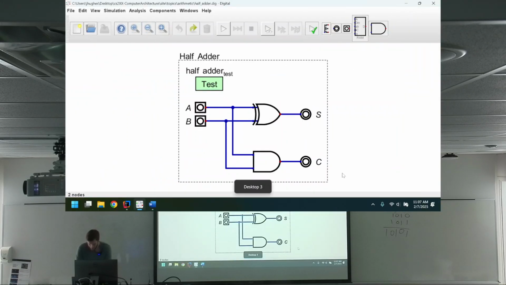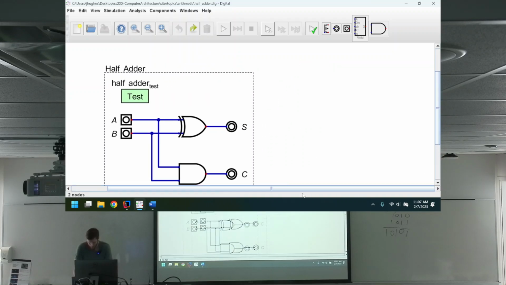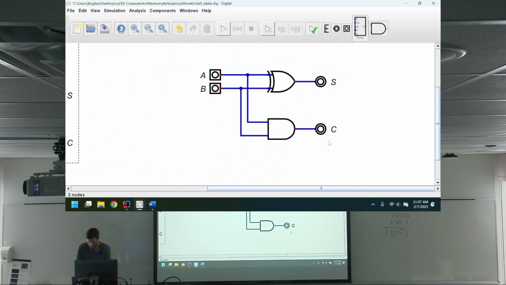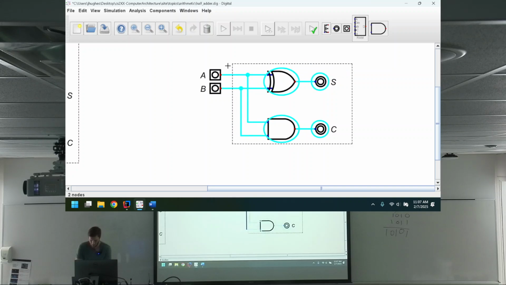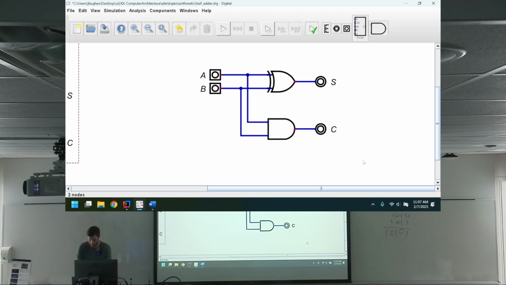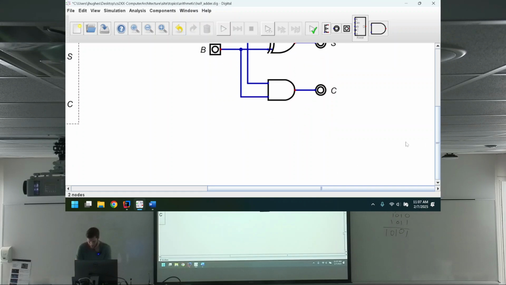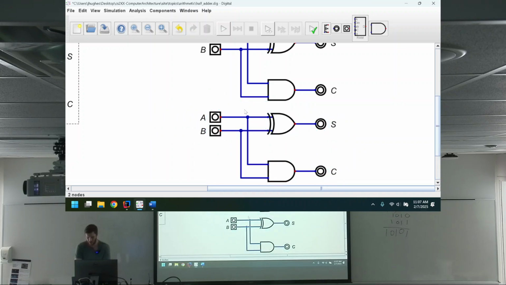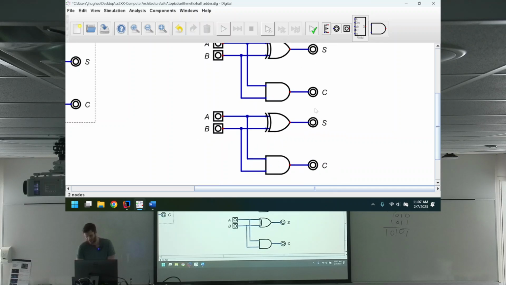Let's take this design, right? If we want to add 2 2-bit numbers together, well, this carry needs to be able to be fed back in somehow to the sum of the next bit, right?